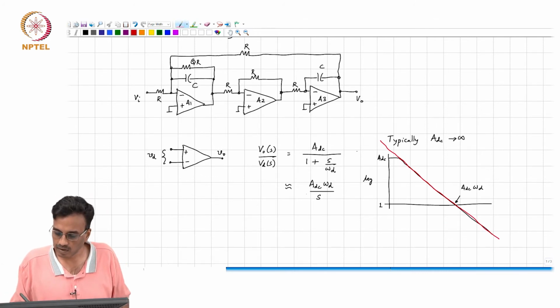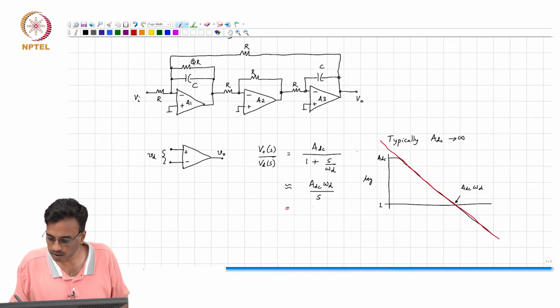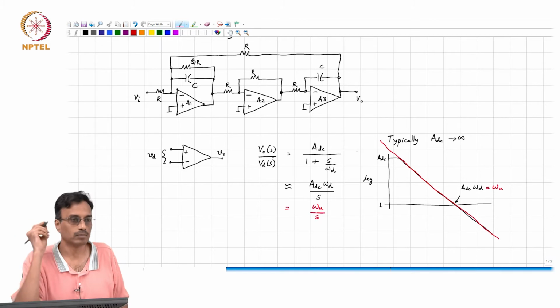This is also called the gain bandwidth product, right. Let me call that omega u by s.